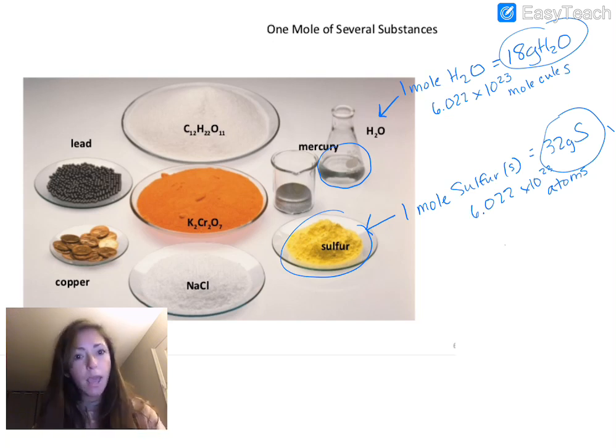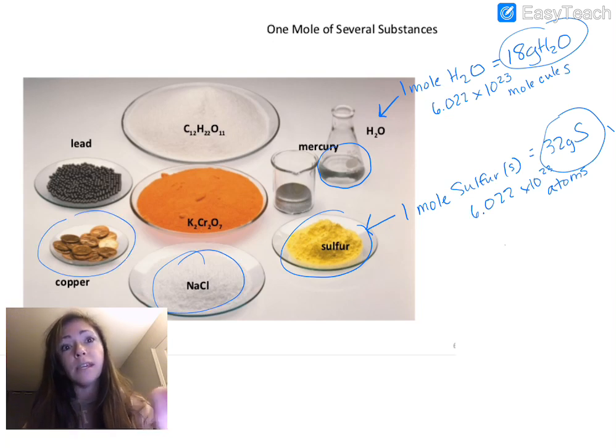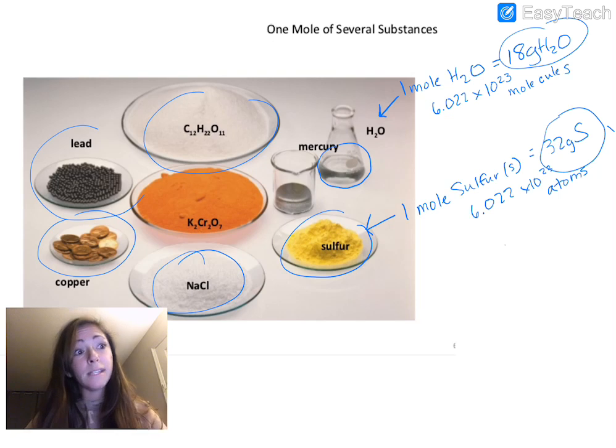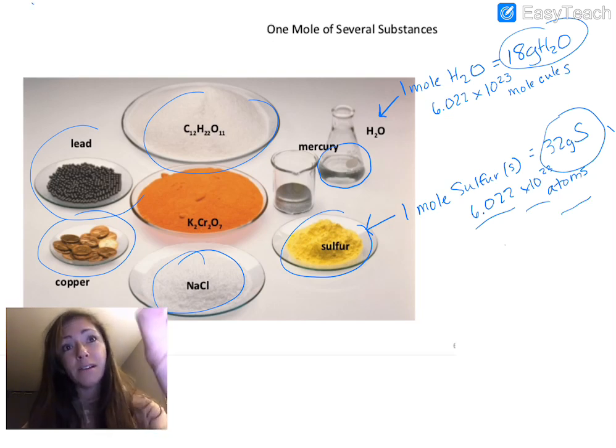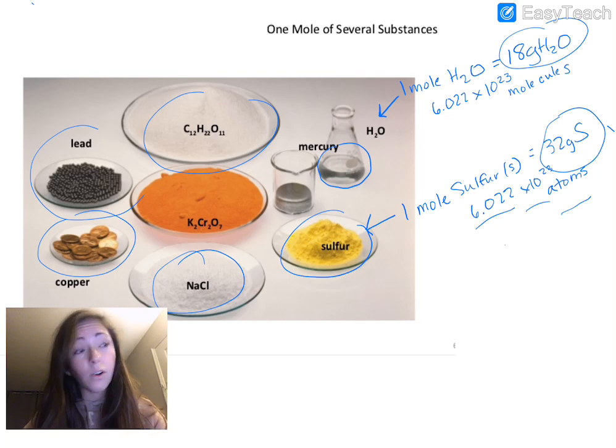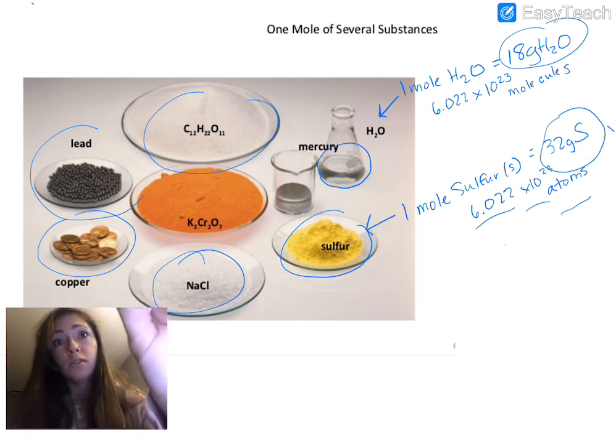But do they weigh the same? No, okay? So same thing with chemical substances. Each of these substances we see pictured here have 6.02 times 10 to the 23rd particles in that sample, but their mass, their weights are different. Their weights are subjective based on their atomic mass from the periodic table.